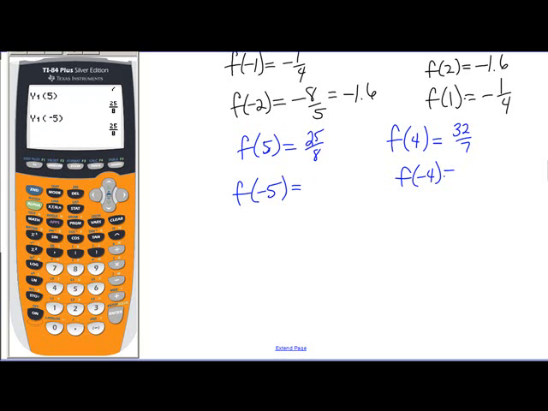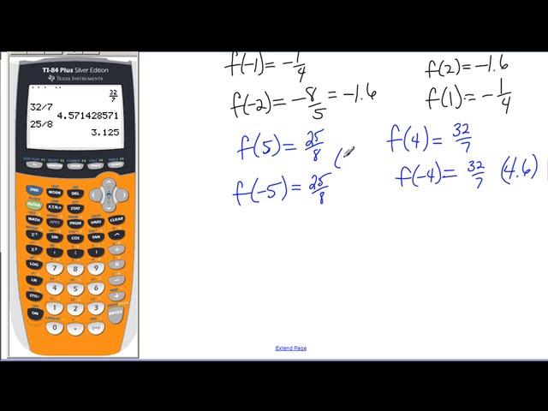And evaluating negative 4, I bet I get 32/7, and I do. Okay, so 32/7, we'll call that 4.6. And 25 divided by 8 is 3.1.